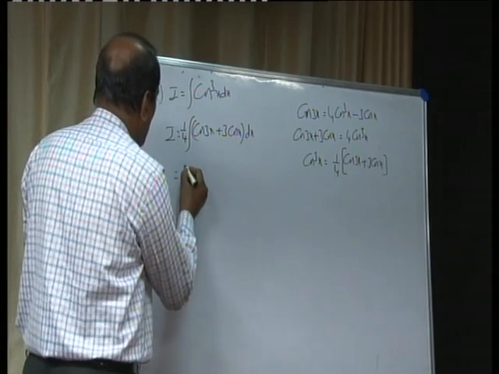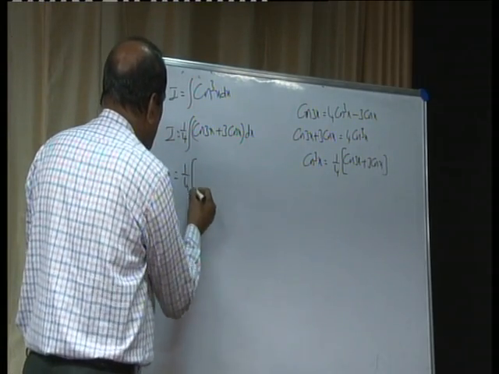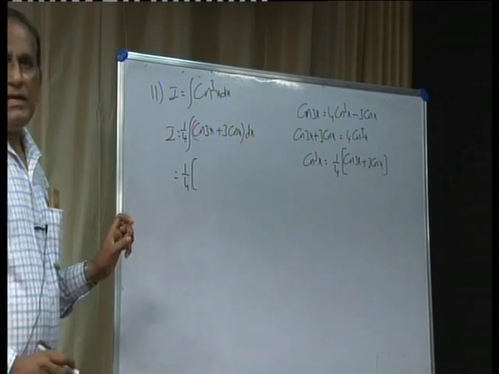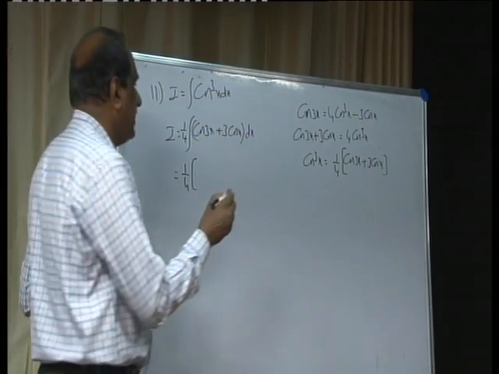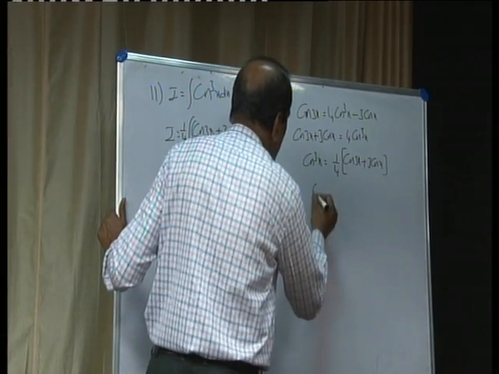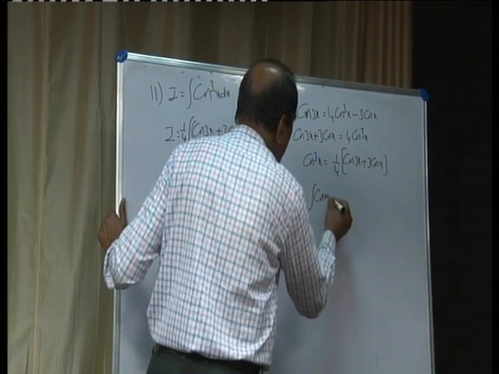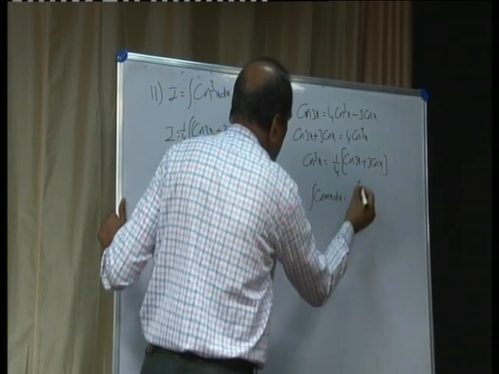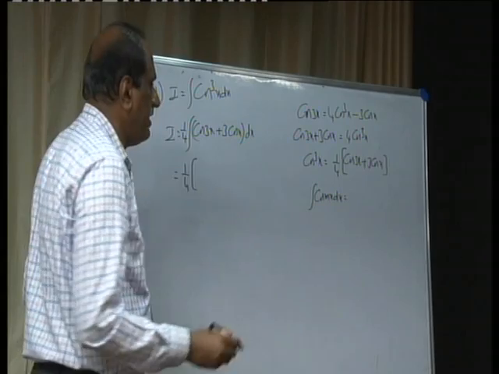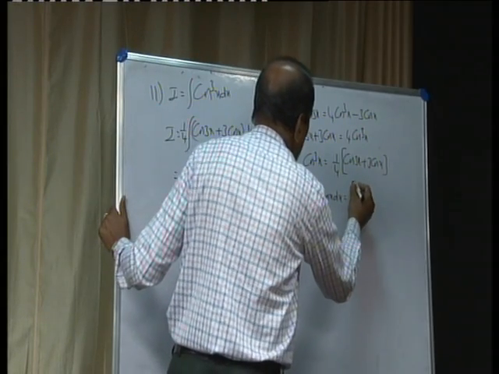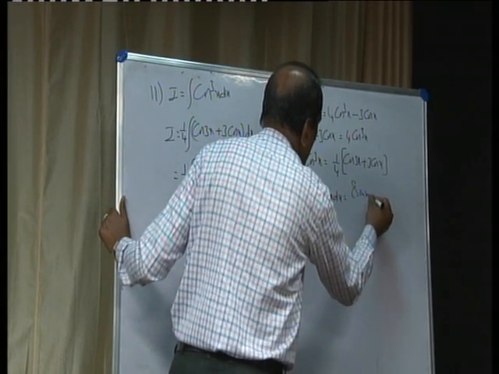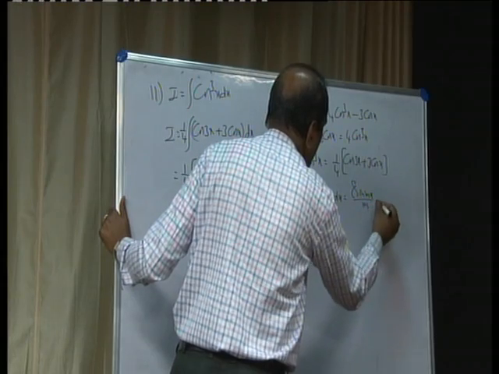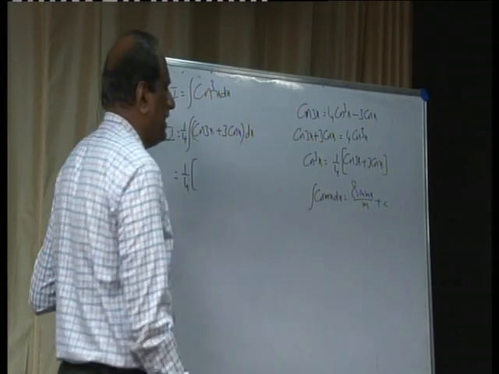Now 1 by 4 into the integration of cos 3x. There is a formula: integration of cos mx dx is equal to sin mx divided by m plus c, the constant of integration.